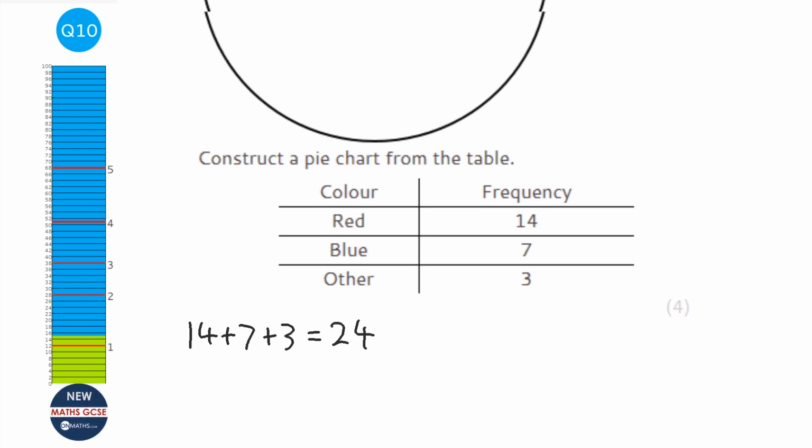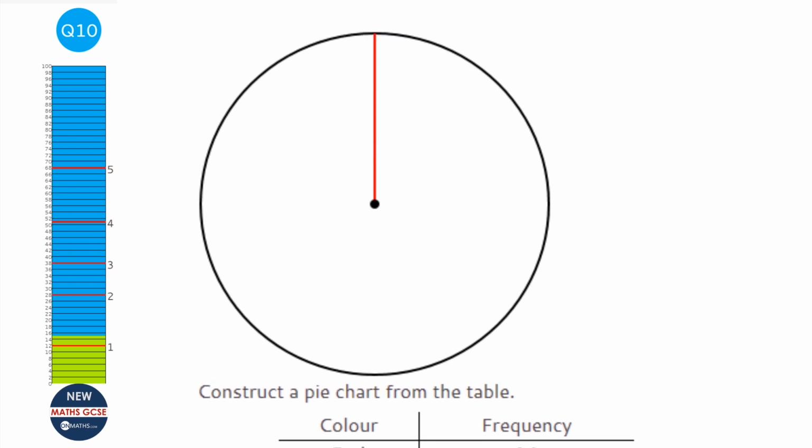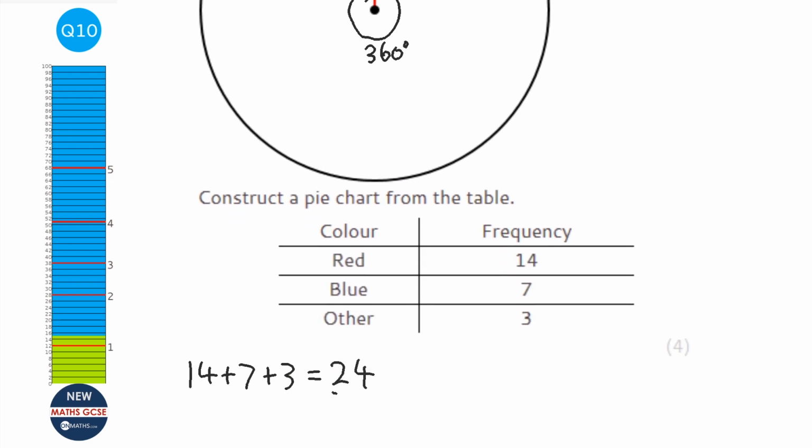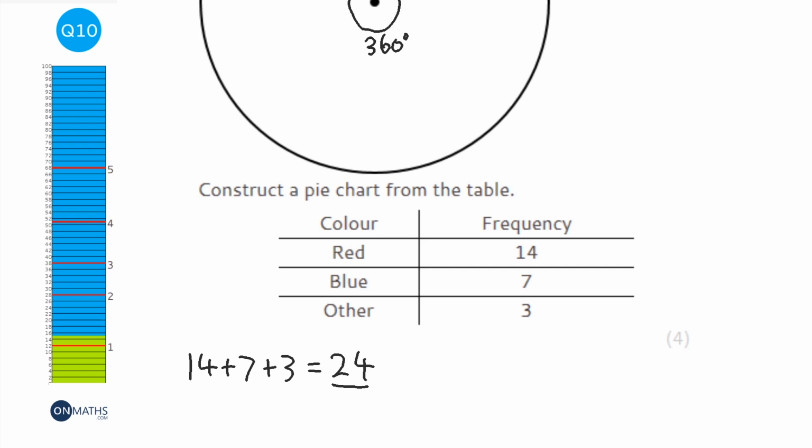Okay, now the problem we have is a circle has to add up to 360, and at the moment all of our frequencies add up to 24, so we've got to find out what we're going to multiply all these frequencies by to get them to add up to 360.